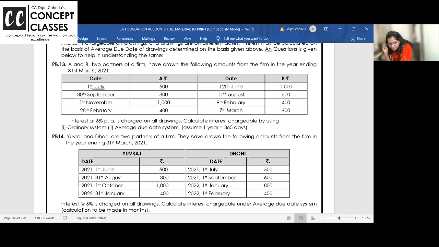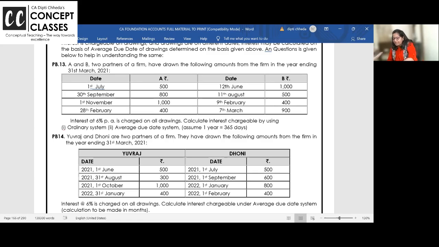Sometimes they do the calculation in months. We can do the calculation in months, or we can do it by the average due date. चलो, दोनों मेथड से करेंगे. We will do ordinary interest also, and we will take up the average due date interest also. How much is it coming?